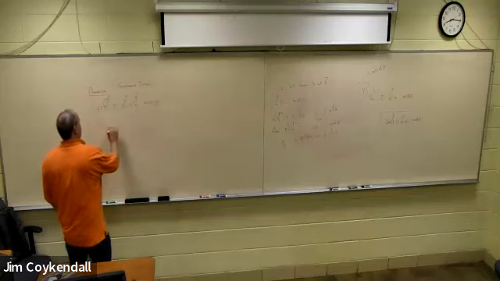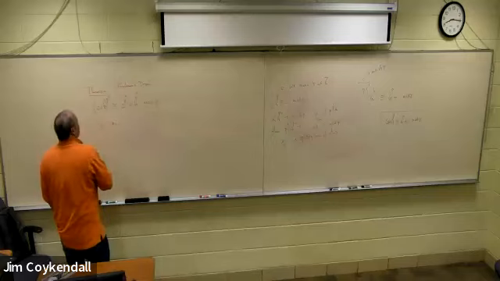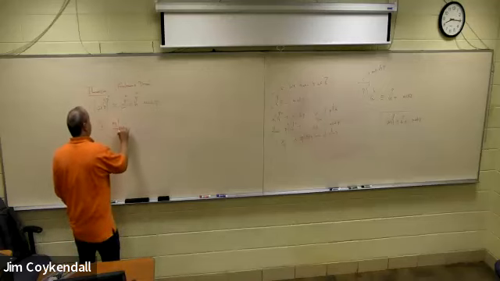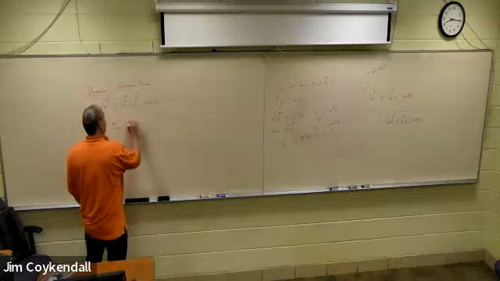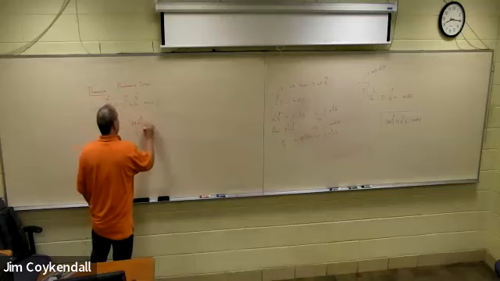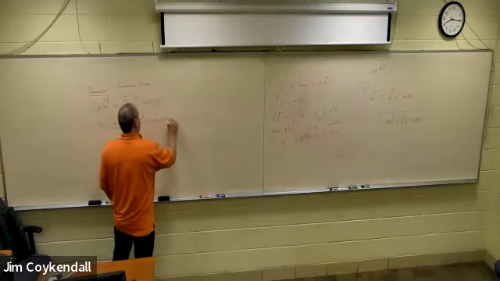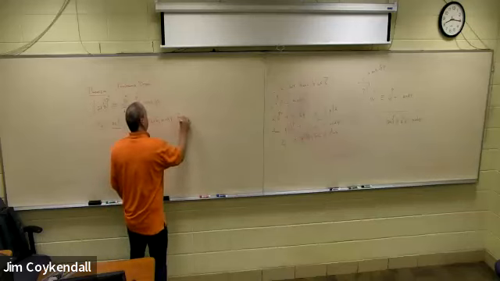For n equals 0, well, it's certainly true. For n equals 1, we get (a plus b) to the p is equivalent to a plus b mod p by previous.